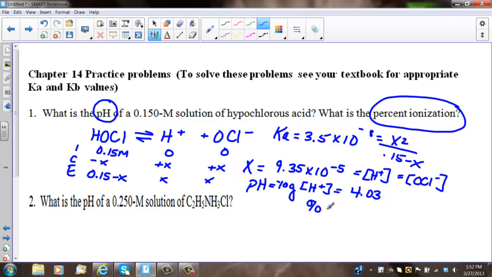And then percent ionization is just like percent dissociation. It's going to be part over whole times 100.